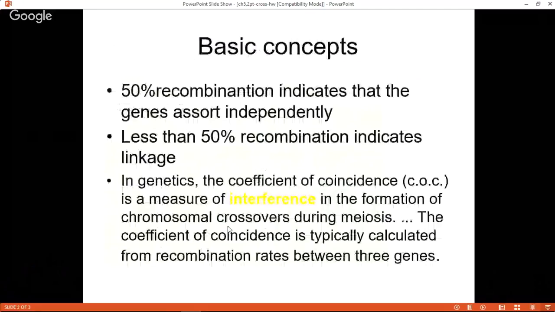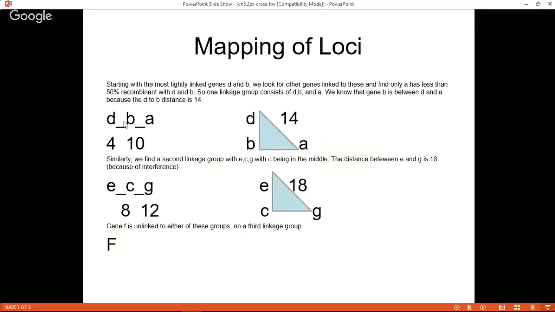Luckily, these all add up. B to D is 4, B to A is 10, and then you add them up, D to A is 14. But it's not always going to add the 2, D to B and B to A, or whatever your letters will be. Sometimes they won't all add up to this overall number. And I can show you that for the next problem.